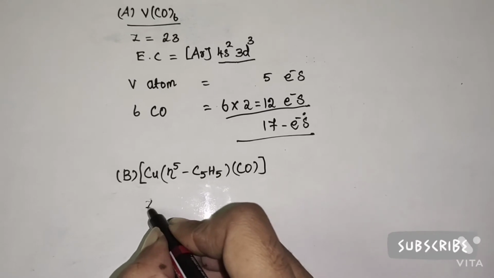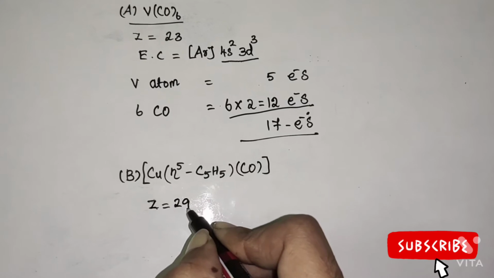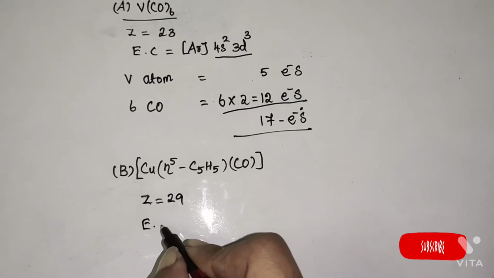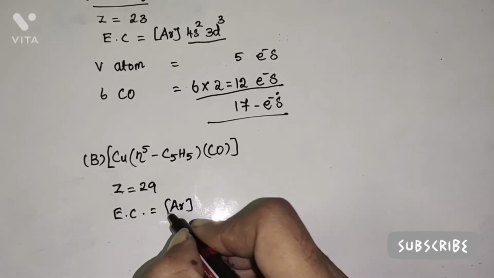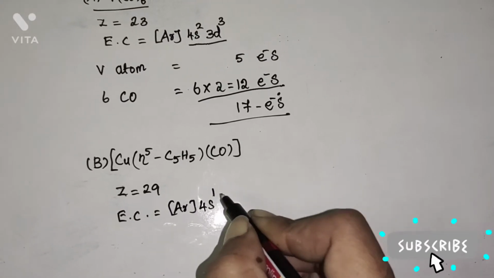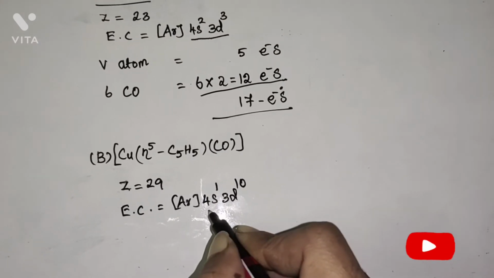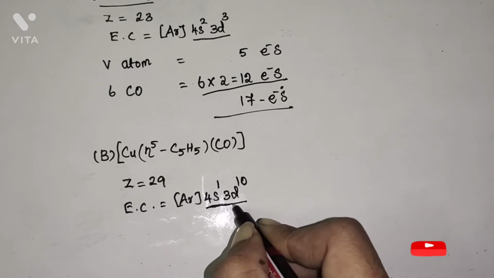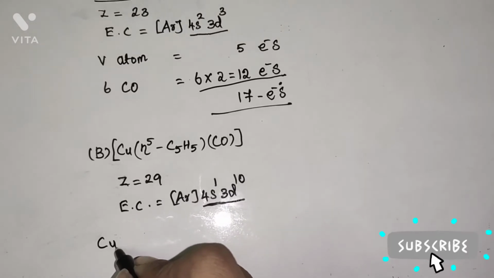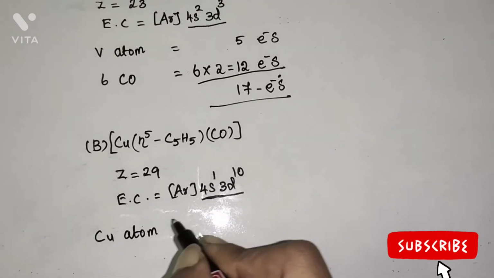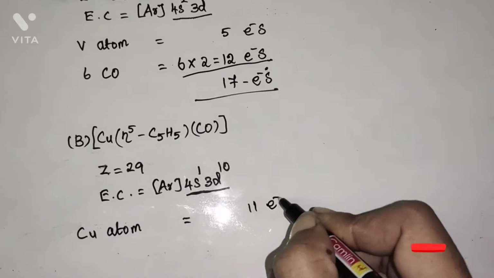The atomic number of copper is 29. The electronic configuration of copper is argon 4s1 3d10, so 11 electrons are present in the outermost orbitals. Therefore, the copper atom has 11 electrons.